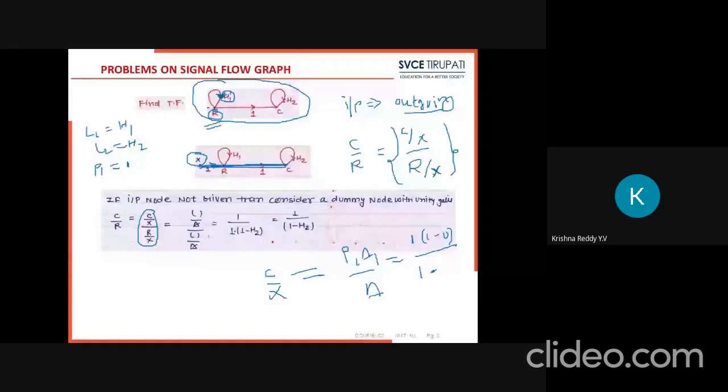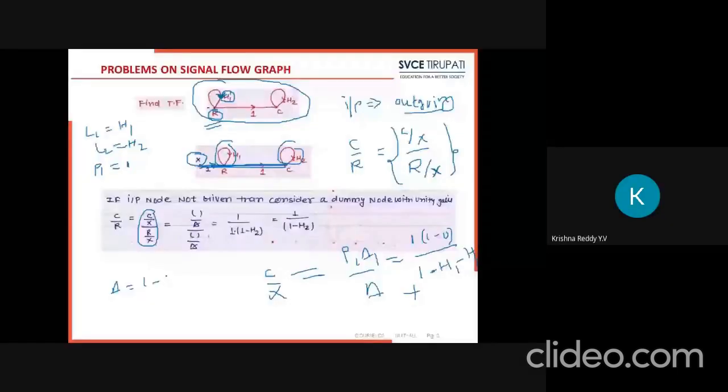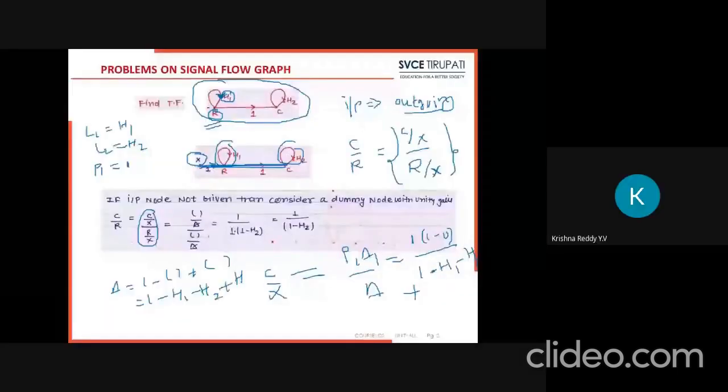After that, summation of two non-touching loops. These two loops touch each other, so they are not non-touching. That's why delta is 1 minus H1 minus H2. This is the value of delta.